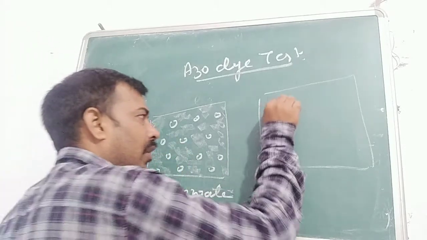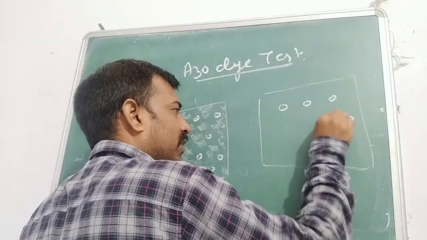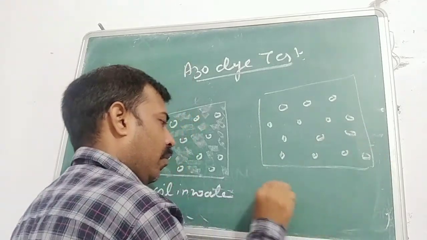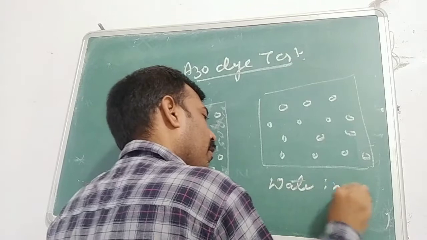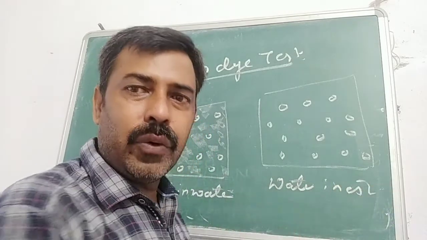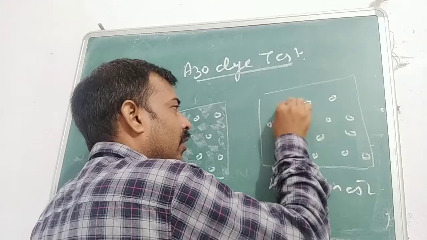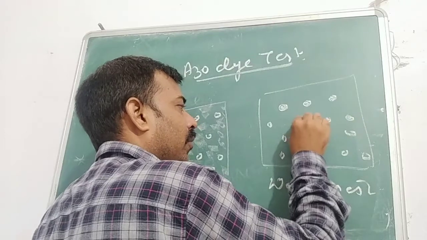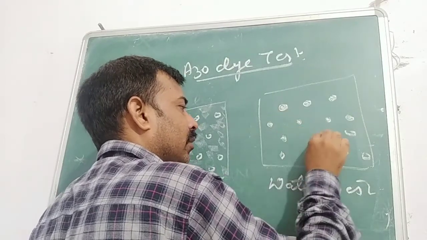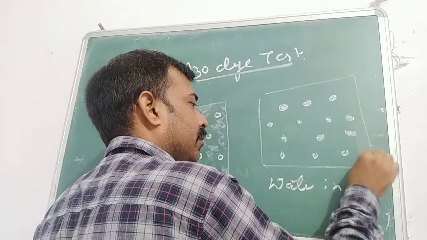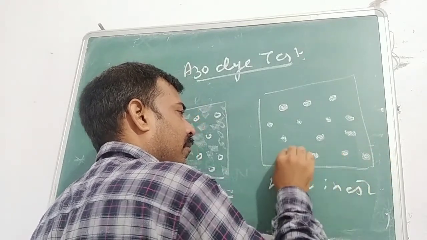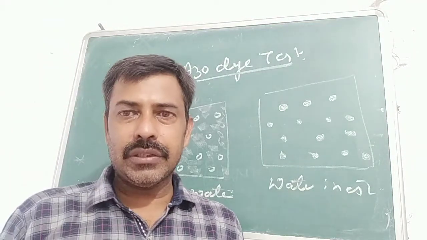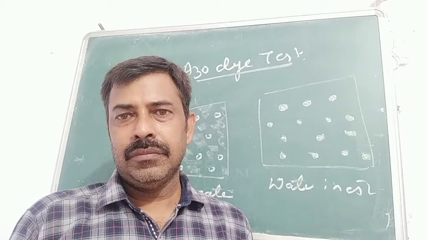And if it is a water in oil species, then when you add the azo dye, the droplets will become colored and the medium will remain colorless. This is called the azo dye test, the test for the identification of the emulsion. You can note it.